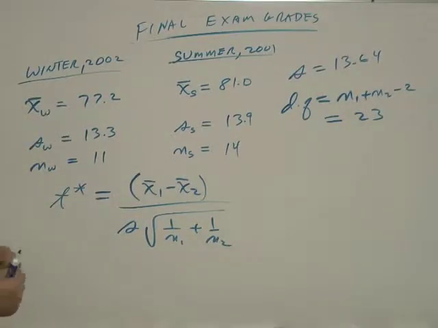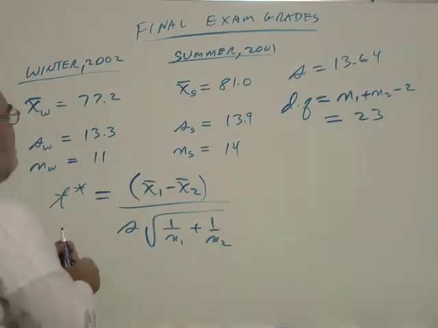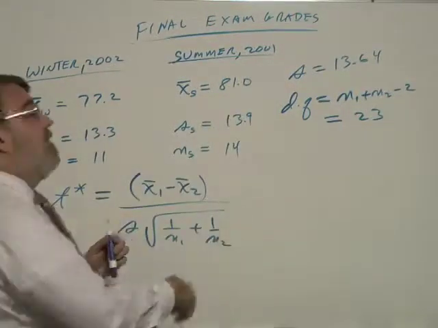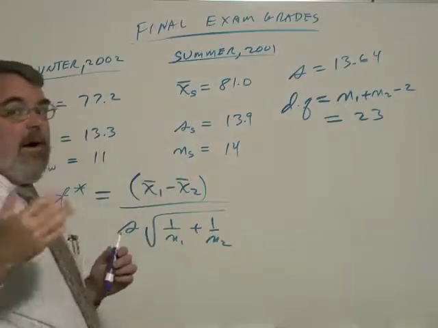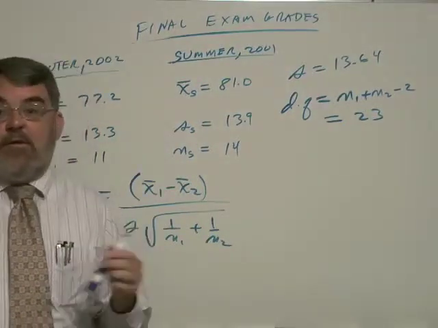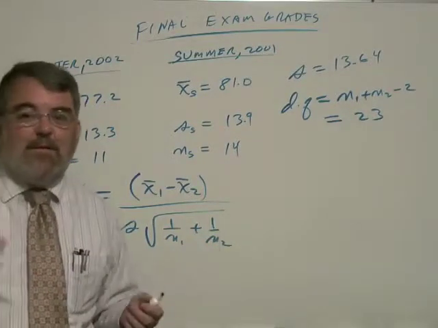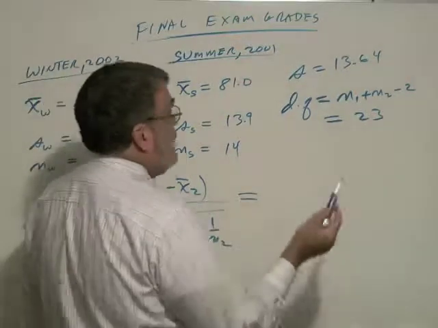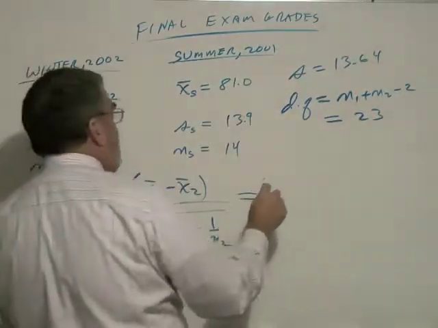But does it matter which one I subtract? Not really. If I subtract this number minus this number, I'll get a negative t-score. If I subtract the larger number minus the smaller number, I'll get a positive t-score. The chart in the back of the book doesn't care if it's negative or positive, so we can conveniently ignore that. I'm going to do the positive route, so I'm going to take 81 minus 77.2.